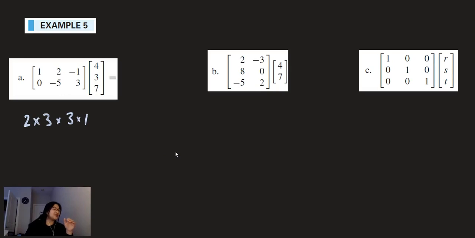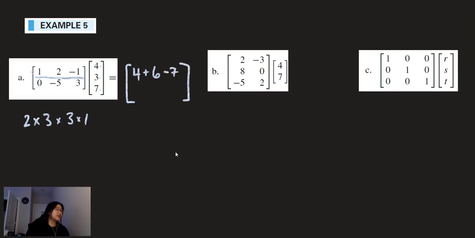A new way of doing it is by taking our first row and weighting that with each of these. So our first row of A is 1, 3, negative 1. So 1 times 4 is 4, plus 3 times 2 is 6, plus negative 1 times 7 is negative 7.